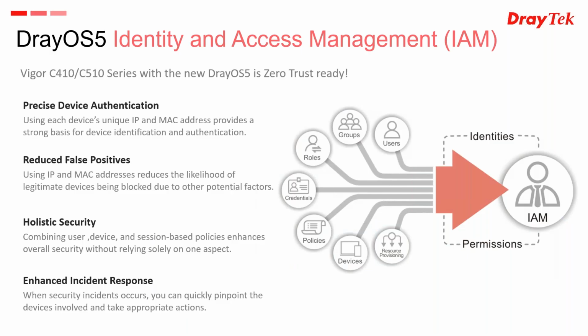Some other features we can see on DrayOS 5 is IAM. So it stands for Identity and Access Management. So basically, DrayOS 5 is a zero trust ready system.